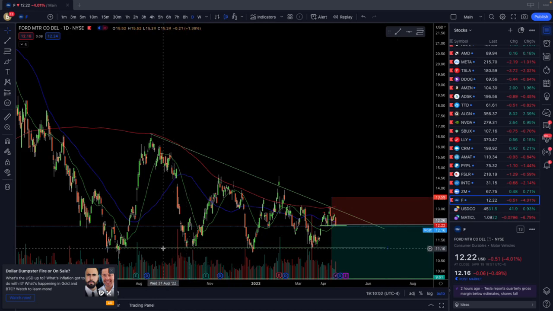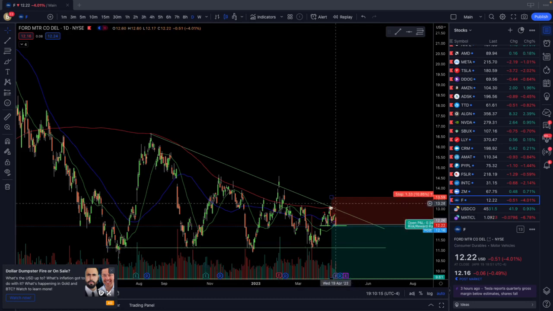A flat symmetrical triangle where the horizontal trend line is where price is being supported. And in this case, it's being supported around $11.11. We are currently near the top of this flat symmetrical triangle, where we are near the 200-day moving average.